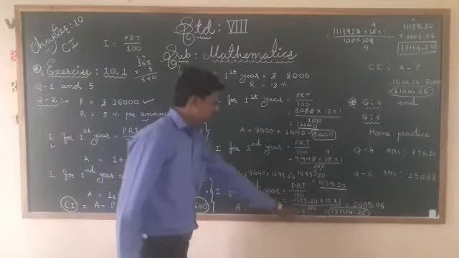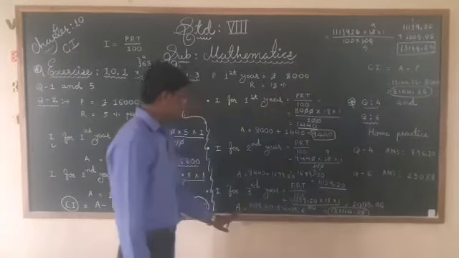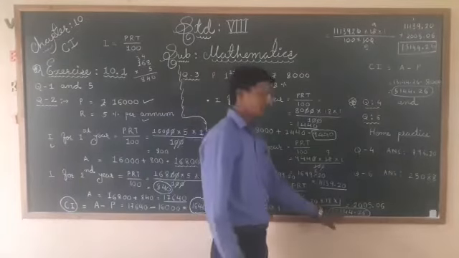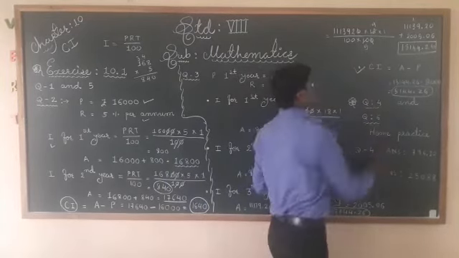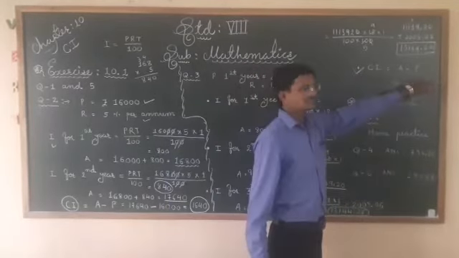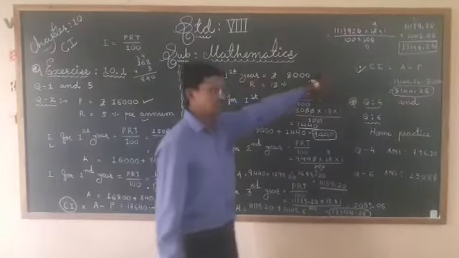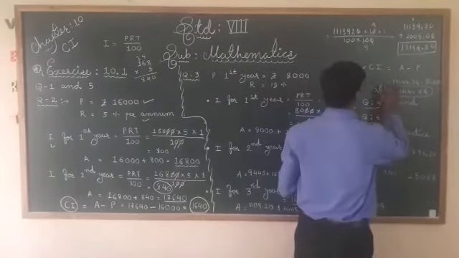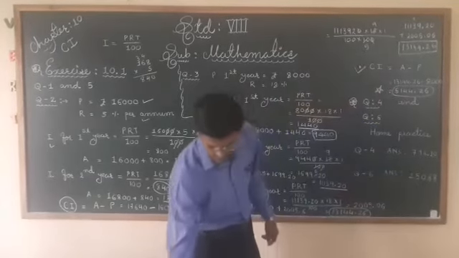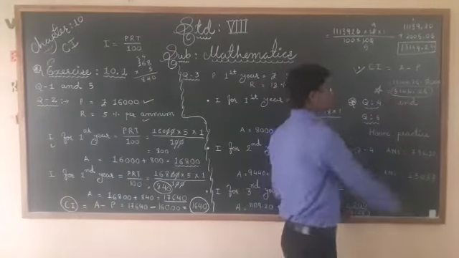For the third year you get 2,005.06 and the amount is 13,144.26, and you find the compound interest as amount minus principal. This is the lengthiest sum I can say. It has taken more time, but it is useful for us. And at the end you get the final answer, 5,144.26. That is the compound interest we got from this.